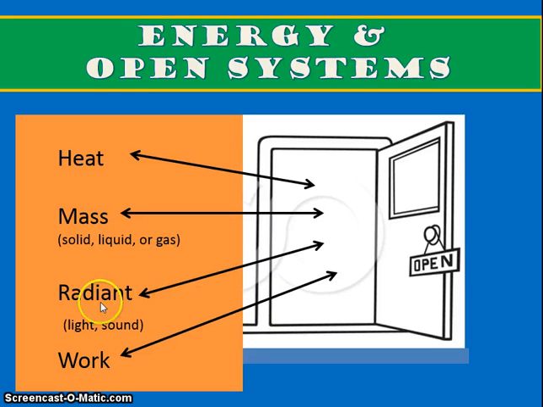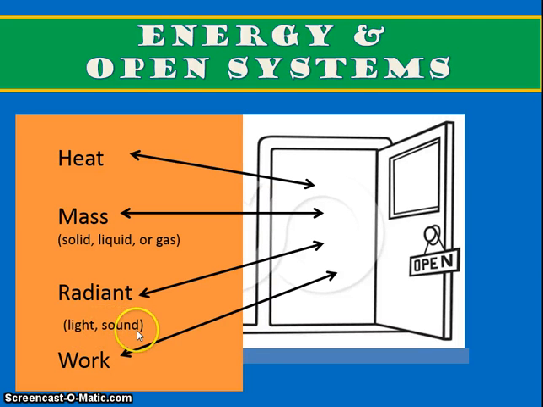Radiant energy is the third way that energy can go into or out of a system. And when we use the word radiant here, we're referring to both light going in or out of a system, like light going out of a light bulb or a glow stick or a firefly, or sound.